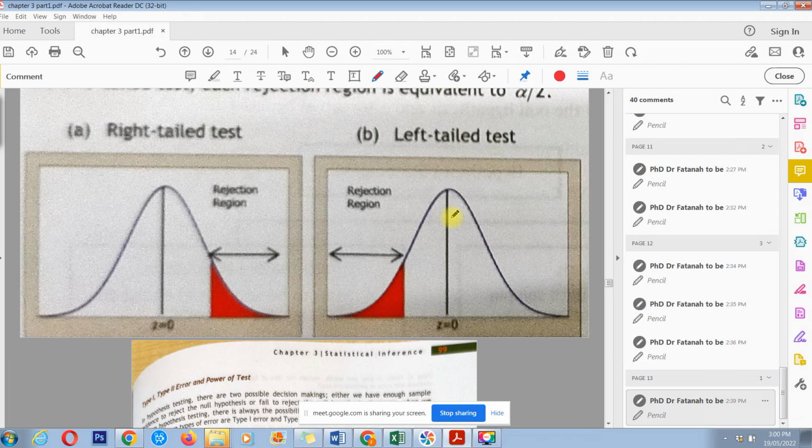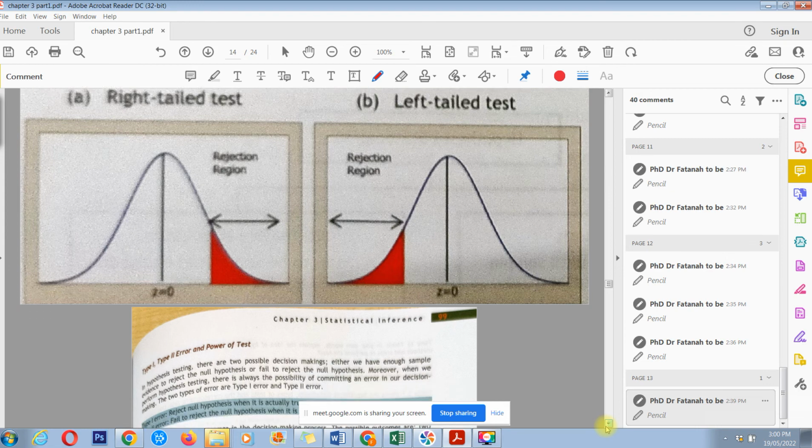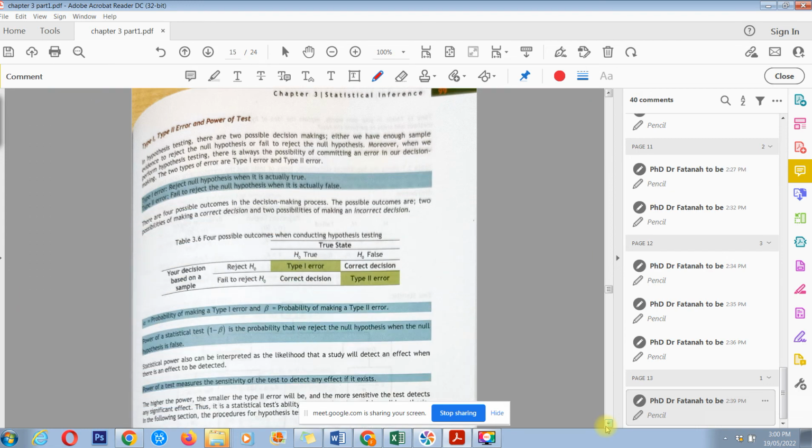There are three things you need to consider, and then you can construct the hypothesis. After you construct the hypothesis, you will face two types of error. The first type error.